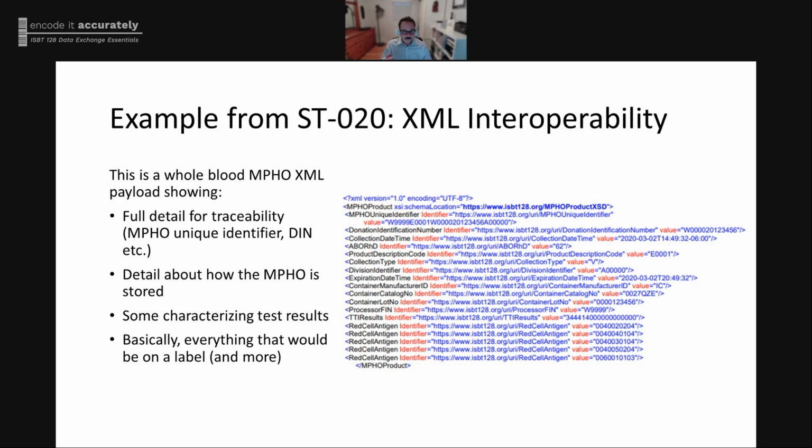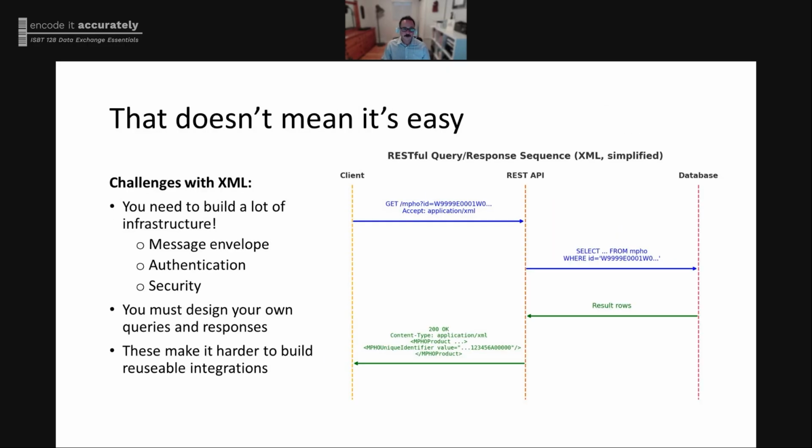This is everything you would have on a physical label and more. And this is one of the benefits of an XML message. It gives us completeness. It does also give us a bit of complexity. In practice, XML messages can capture everything you would see on a label and more.